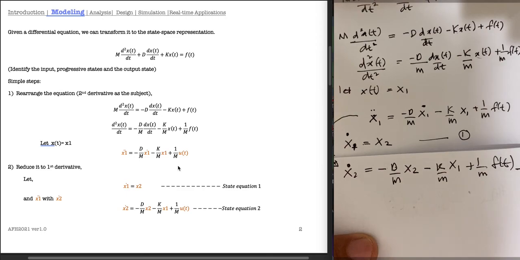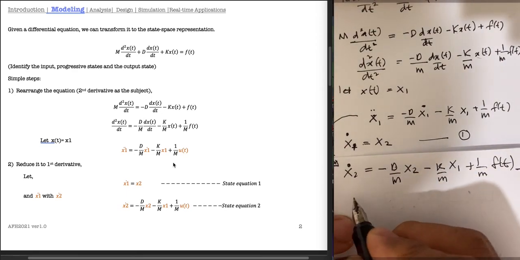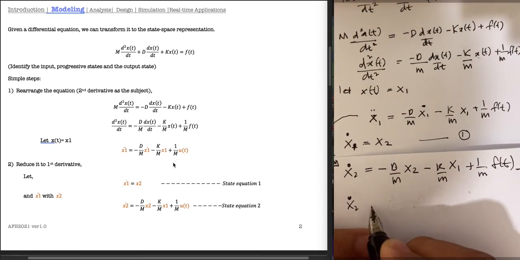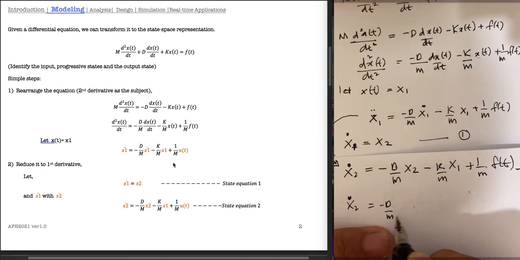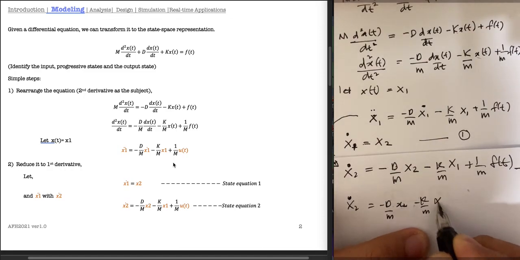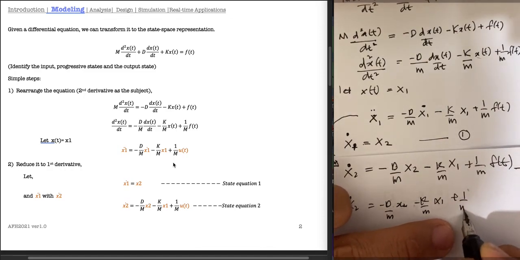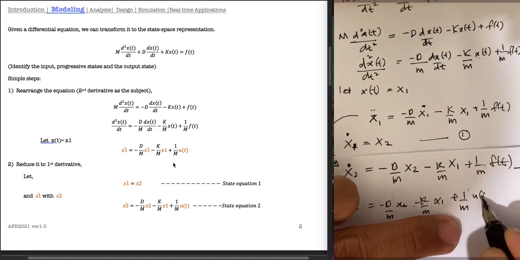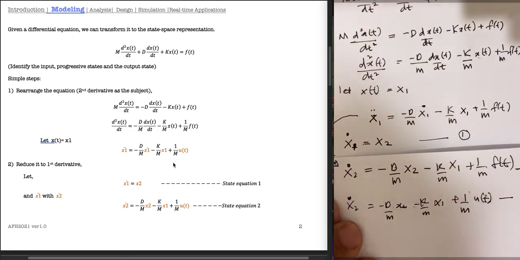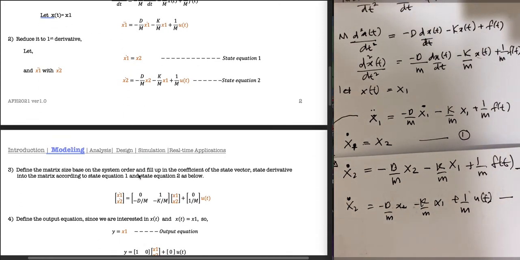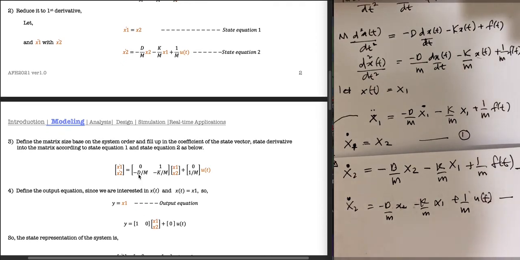Then we can replace that: x2 dot equals minus d over m x2 minus k over m x1 plus 1 over m u(t), right? That's the second equation.